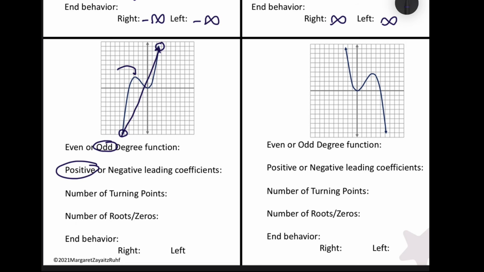Here we have a turning point, and we have a turning point on our graph here. That's 2 turning points. That lets us know that this is a cubic, x to the 3rd, because our turning points are one less than the degree of the polynomial. We should have 3 roots.